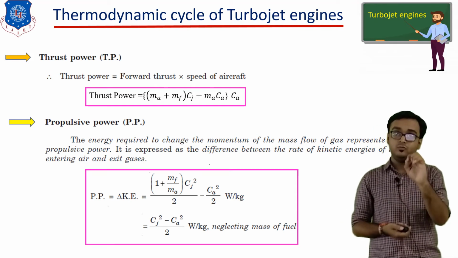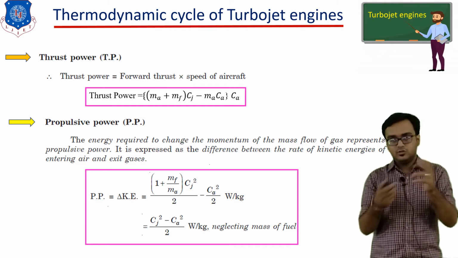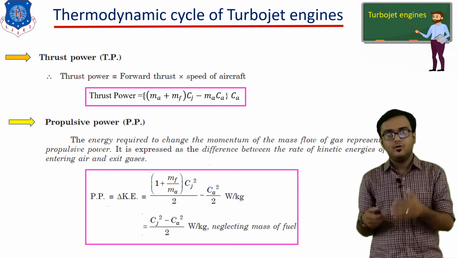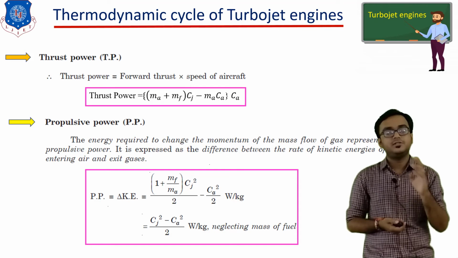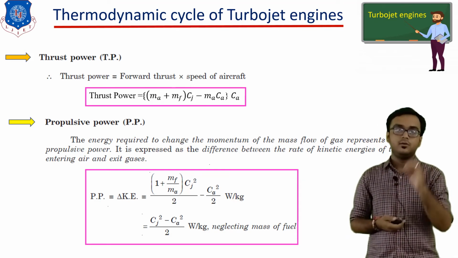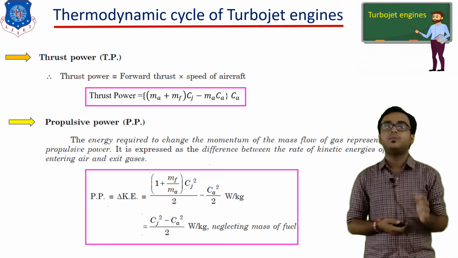Here we have assumed ma to be 1, or unit. And if you neglect the mass flow rate of fuel relative to air, you will get a very simple expression: propulsive power is equal to (cj square minus ca square) divided by 2. So it is all about the propulsive power.